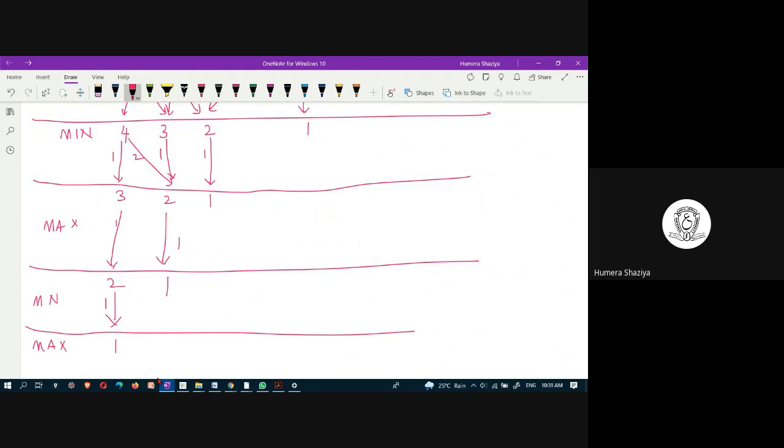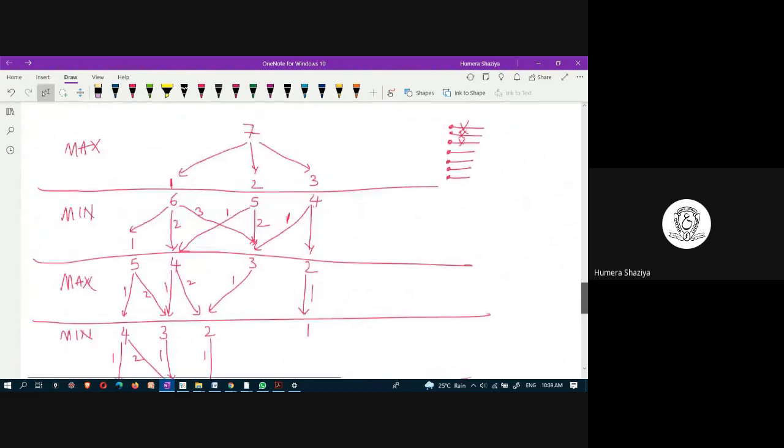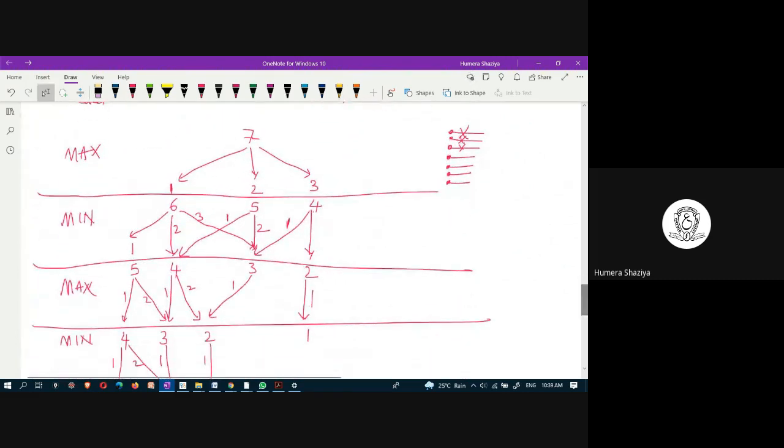Okay, this is the complete game tree when Max plays first. If Max plays first, from the pile of 7 matchsticks, let us determine the win and the lose. From 7, Max picks 1 this way.